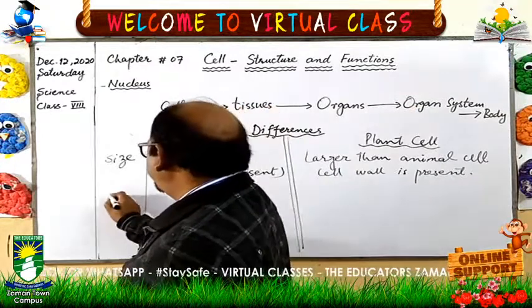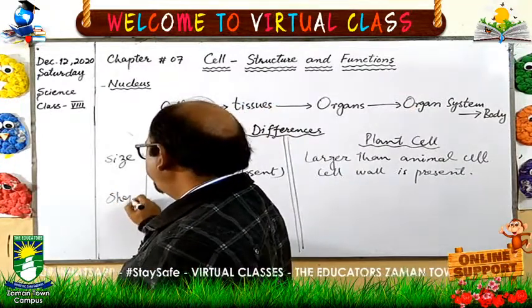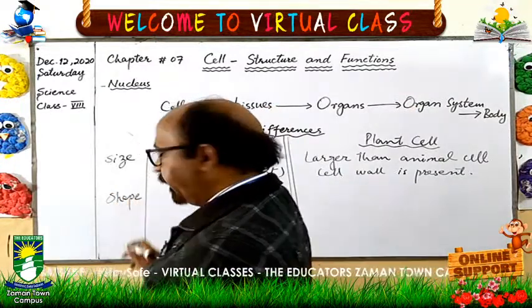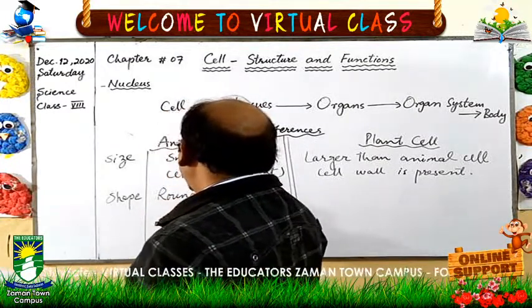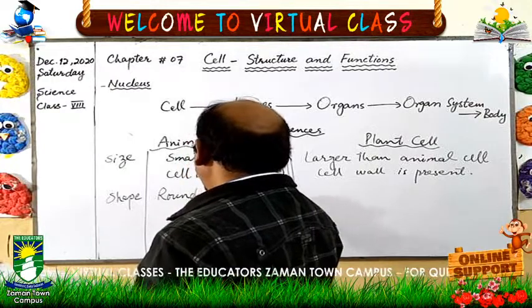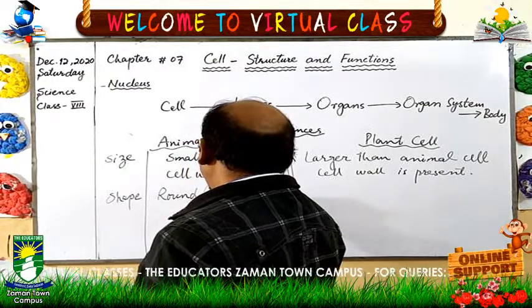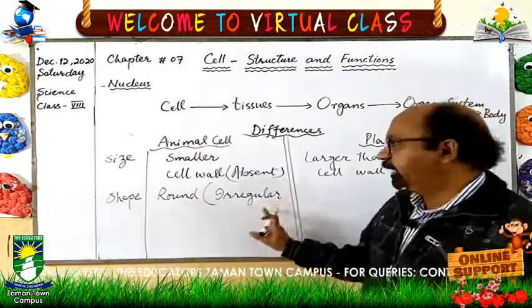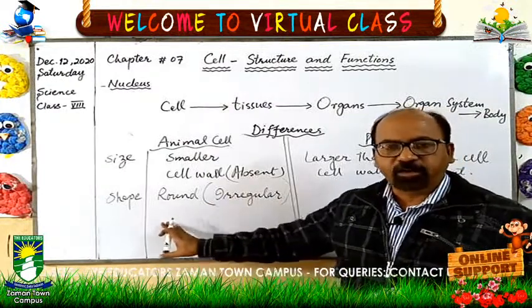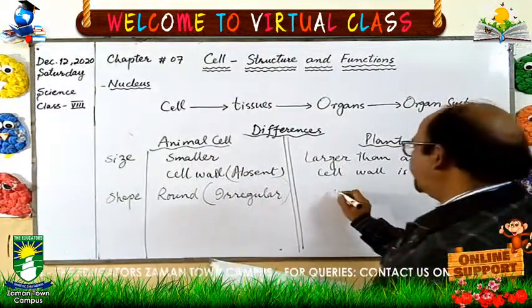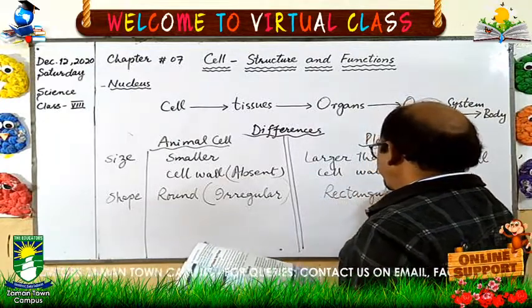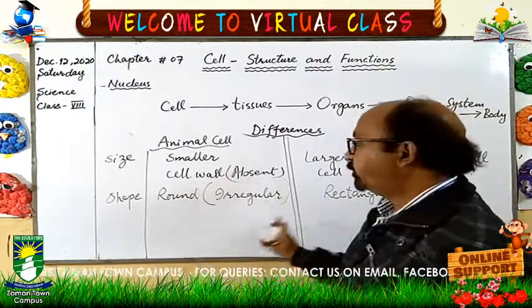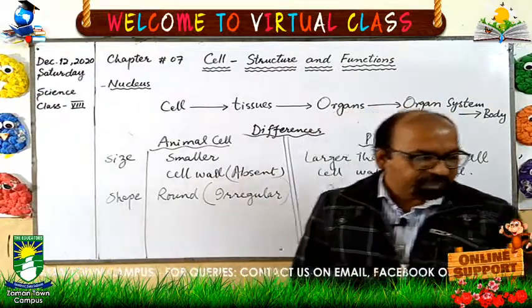Regarding shape, animal cells are irregular in their shape, and mostly round, while plant cells are rectangular in their shape.